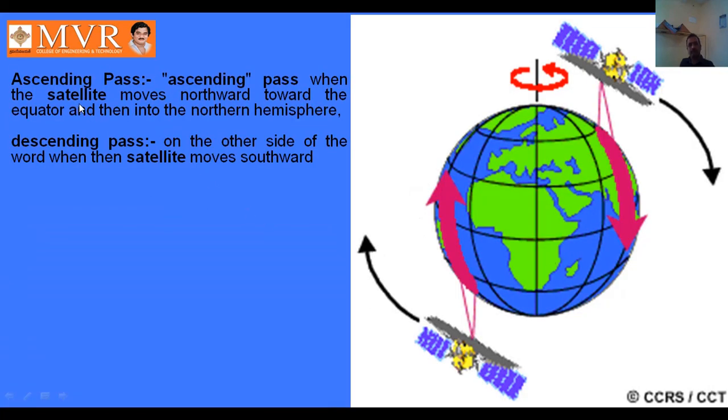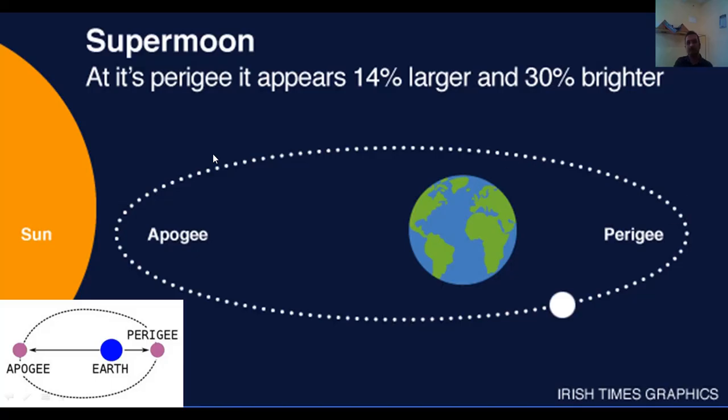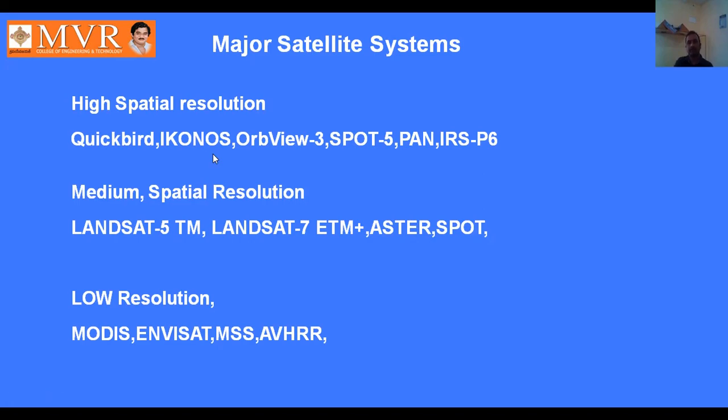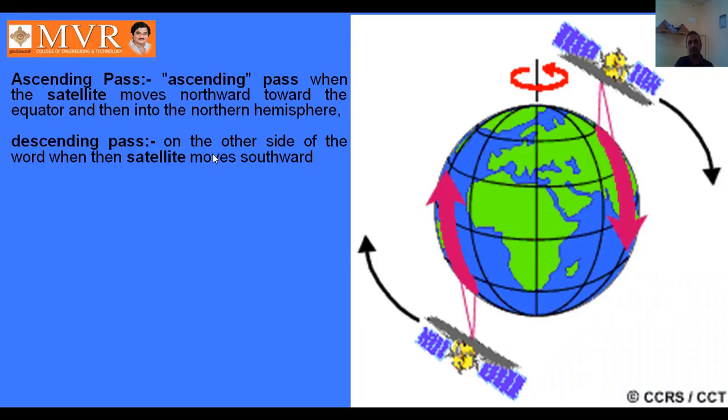Then, what is ascending pass and what is descending pass? For example, this is the ascending pass. Each orbit of a polar orbiting satellite will have an ascending pass, when the satellite moves from south towards the north, crossing the equator into the northern hemisphere.